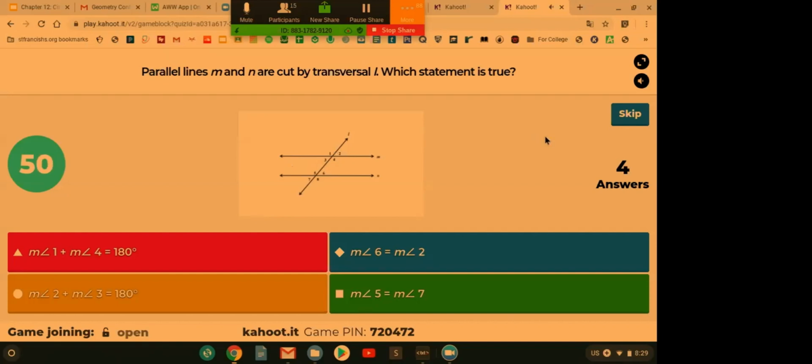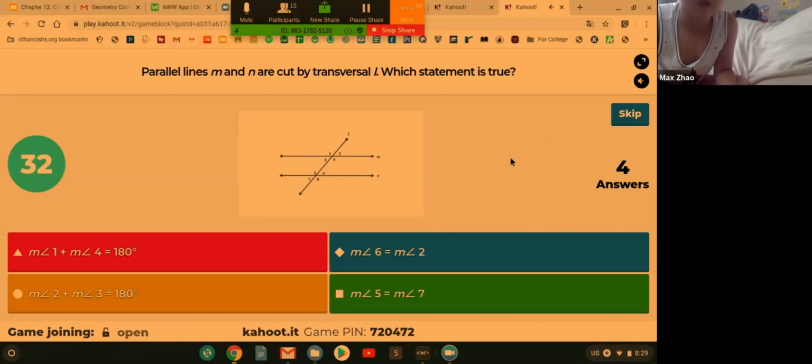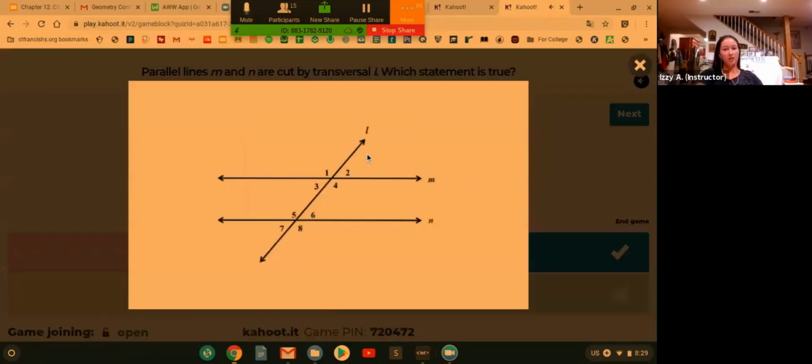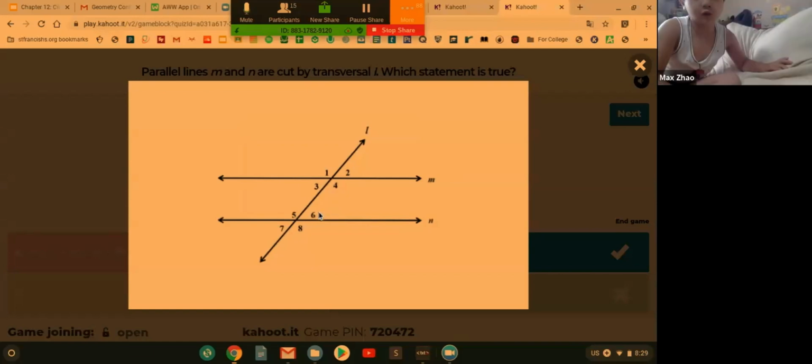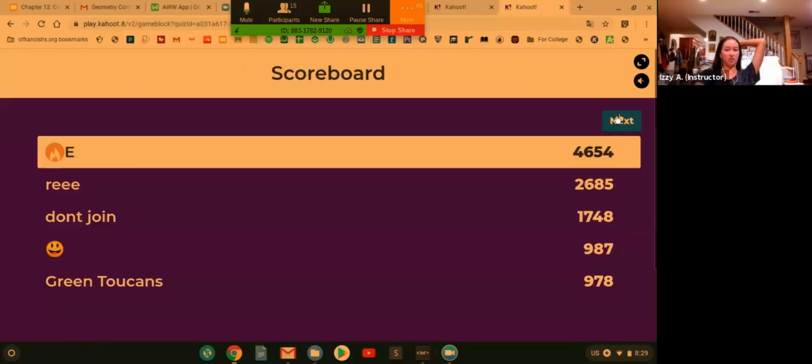There might be a catch. Okay, I'll choose all 3 of the answers except one. If you look, angle 2 and angle 6 are corresponding angles, because they're on parallel lines, so they're going to be equal to each other.